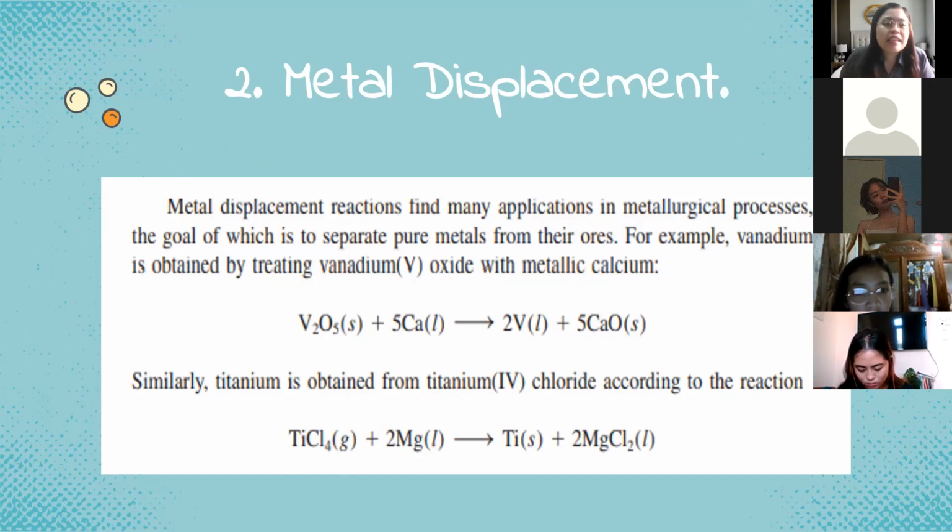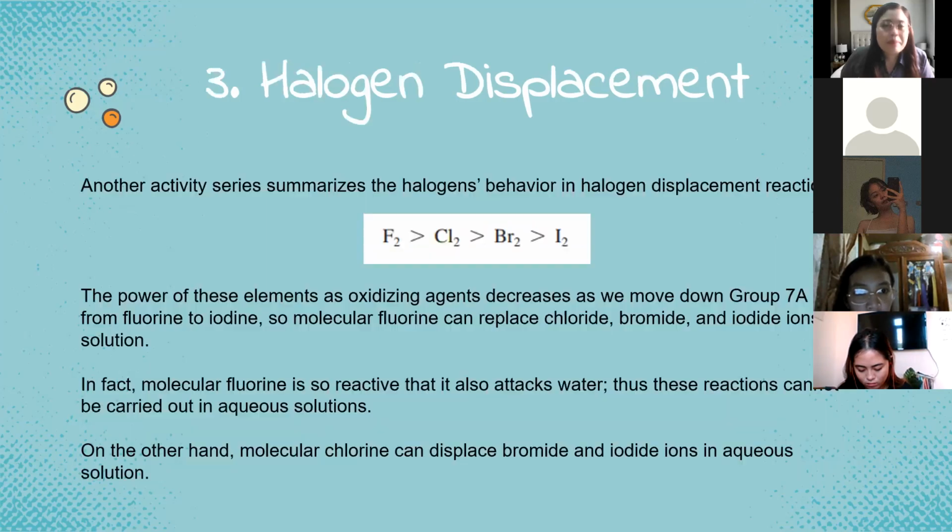And then thirdly, this is still for single replacement reaction, but this time halogen displacement. So halogens are the group 7A elements in the periodic table. They are our anions and they are non-metals. So we don't need the activity series of metal here.